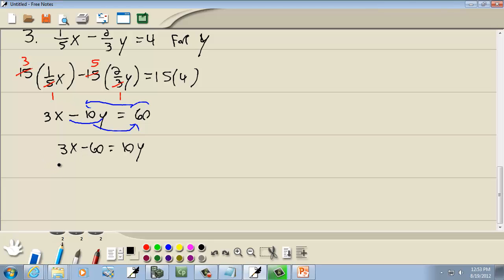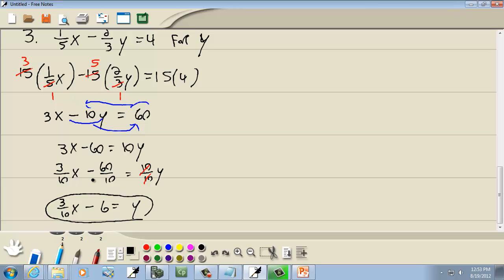So divide both sides, or everything, by 10. So 3 divided by 10 with an x, minus 60 divided by 10, equals 10 divided by 10 y, which gives us 3/10 x minus 6, since 60 divided by 10 is 6, and those 10s cancel there, and that gives us y. And that would be your answer. Now I did those as separate pieces on the left side because the book will. They put that into slope-intercept form, so that's why they do them separately.